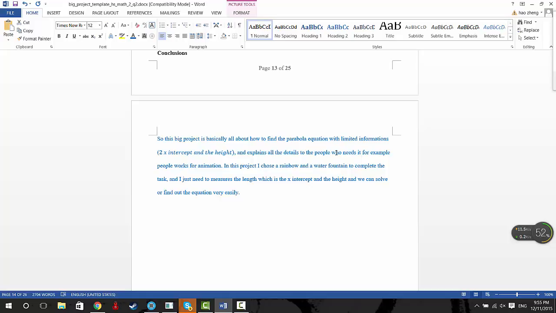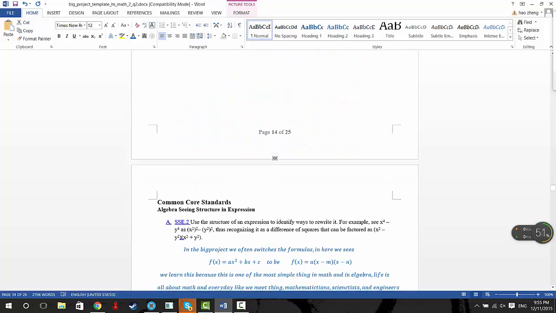For example, people who work in animation. In this project I chose a rainbow and a water fountain to complete the task, and I just need to measure the length, which is the x-intercept, and the height, and we can find the equation very easily.